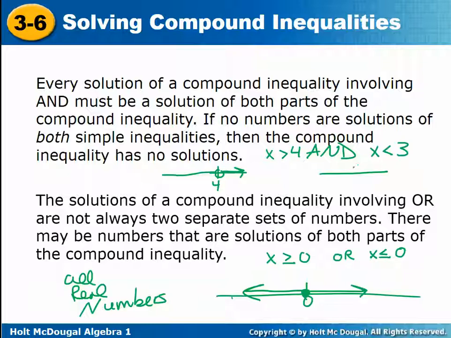And less than 3 would be these numbers. There's nowhere that these two things are going to overlap with each other. There's no intersection. There's no number that's less than 3 and greater than 4. It's not possible. So you'd write no solution for something like that. So keep your eye out for that. That will happen once in a while.